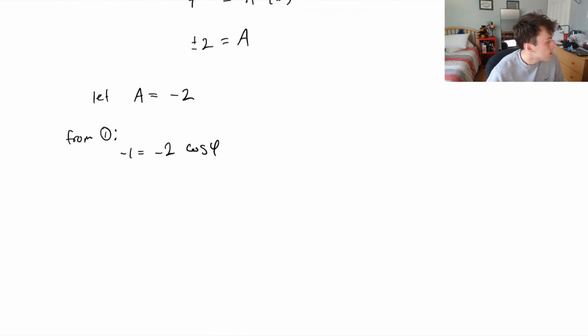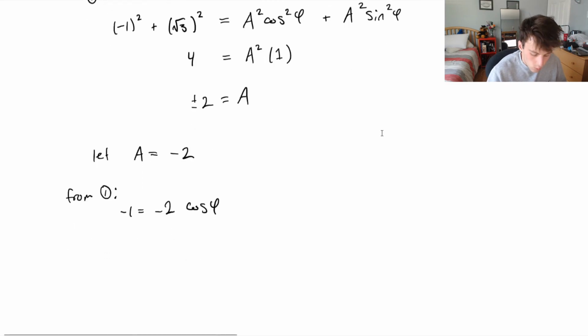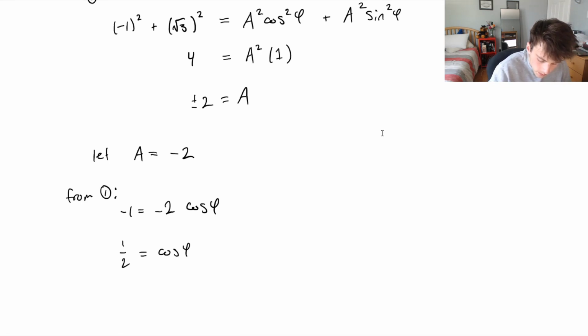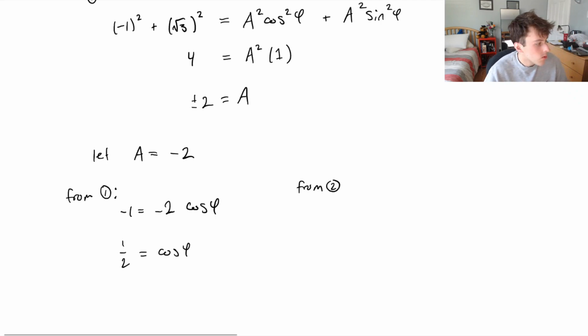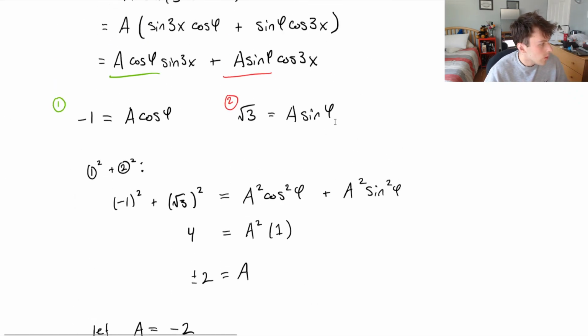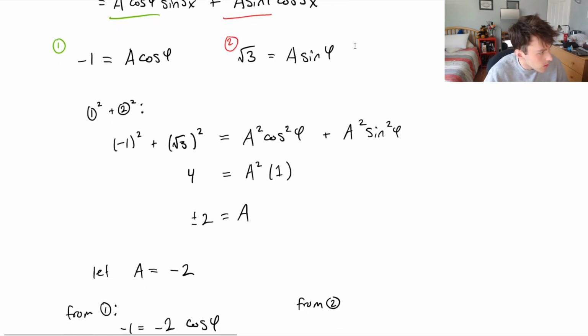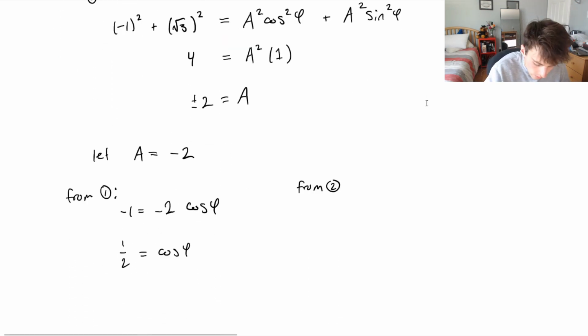So we've then got a half is equal to cosine of phi. From equation 2, we've got square root of 3 is equal to a sine phi. So we've got square root of 3 is equal to -2 times sine phi, or negative root 3 over 2 is equal to sine phi.